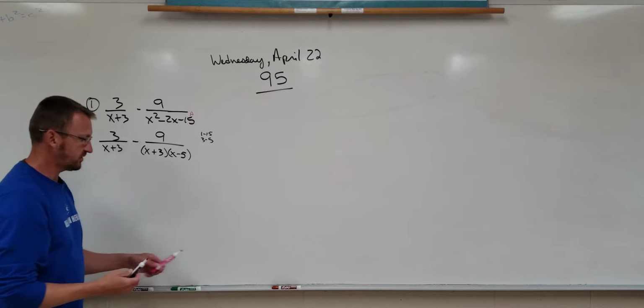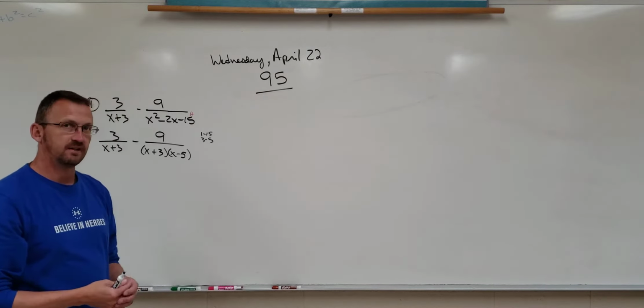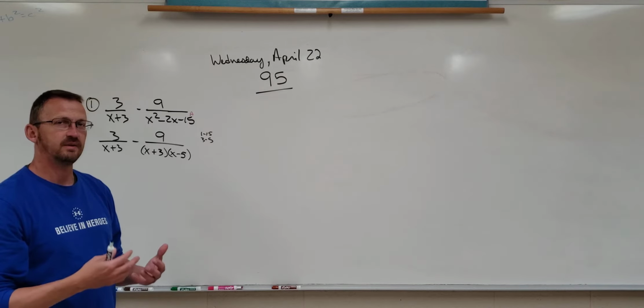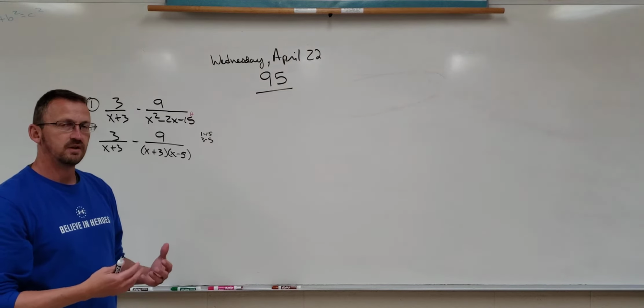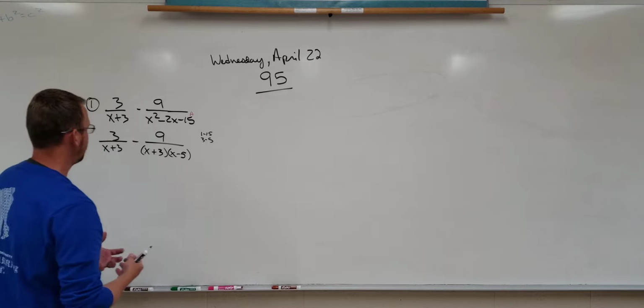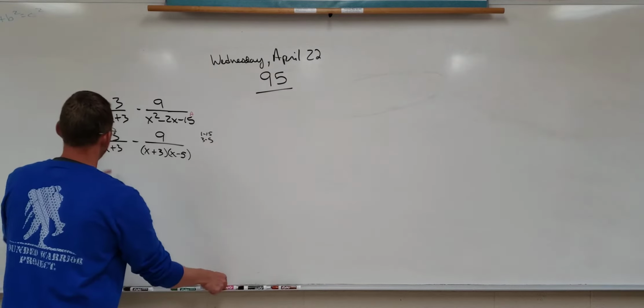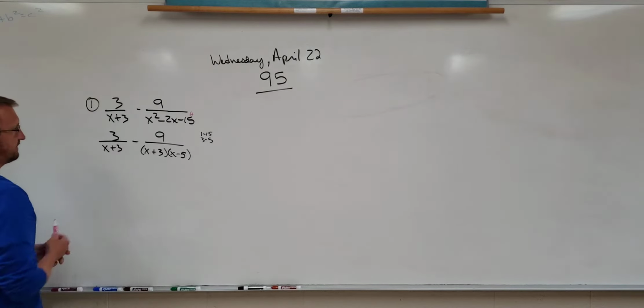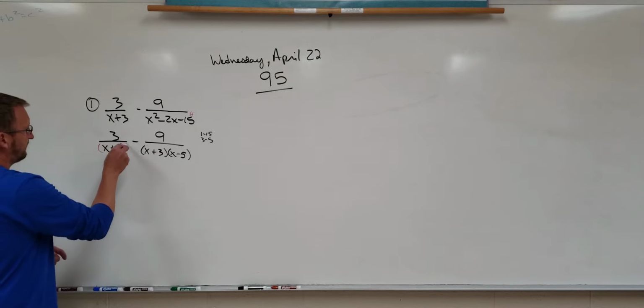We can't add them. So, just like with normal fractions, we have to find the least common denominator, the lowest common multiple that they can both go into. And since this one doesn't have the x minus 5, we're going to have to put it in here.